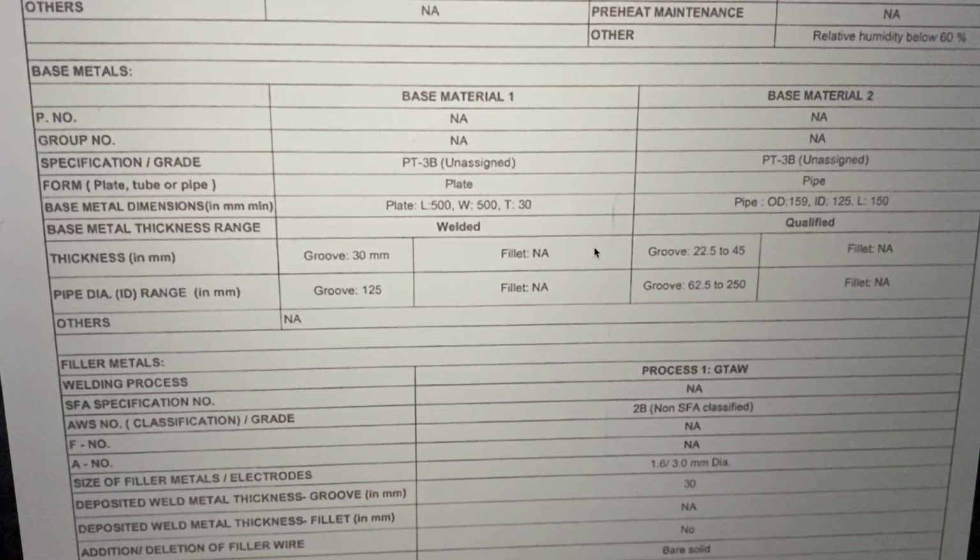Where we are not able to classify into the right P numbers, because these are special alloys not listed in ASME section 2 or section 8, we can give the nearest number, but then we'll have to write that the nearest P number is so and so, and also give the specification or the grade, like here it is PT3B unassigned P number. That's the nomenclature which has been used.